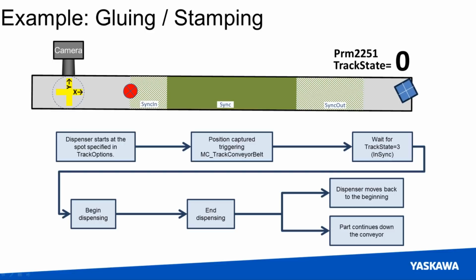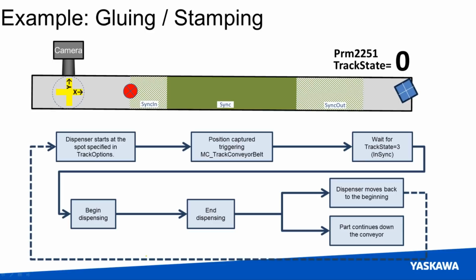Right, that's an MCS move. So because it's an MCS move, that cancels conveyor tracking. And at that point, I am ready to start again. So here's a simple example of using conveyor tracking without any external moves, moving you to a different region. We're going to show that example next.